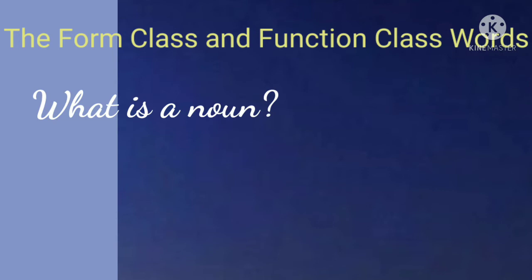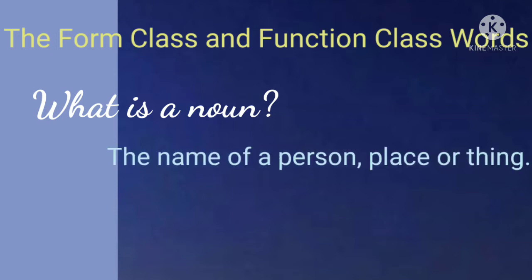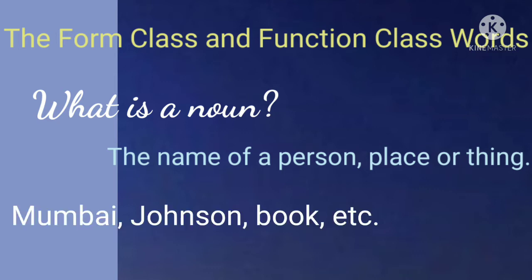The traditional grammarians have defined it as the name of a person, place, or thing. So, Mumbai is a noun because it is the name of a place. Johnson is a noun because it is the name of a person. Book is a noun because it is the name of a thing. So, it denotes the name of a person, place, or thing.